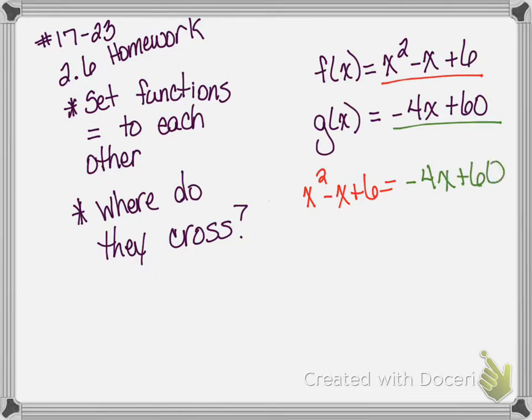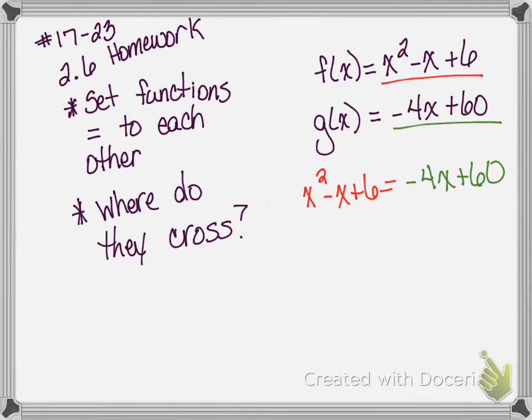So what I'm doing is setting the functions equal to each other, and that's different than what we have been doing. The directions are asking, where do these functions cross? So we set them equal to each other, and when we do that, we determine where they cross.